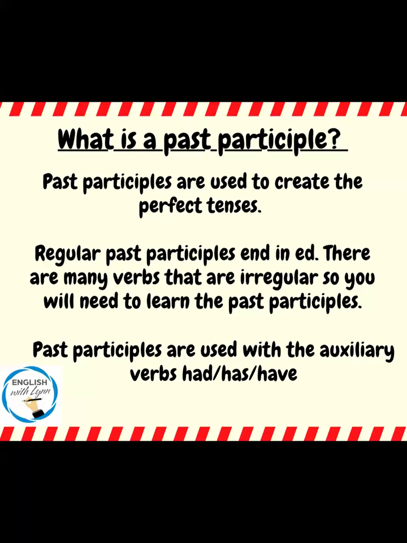So ride, rode, ridden, drive, drove, driven. So they are following group rules, okay? And you would use these past participles with the auxiliary verbs had, has, and have. So that is when you are creating the perfect tenses. Okay.